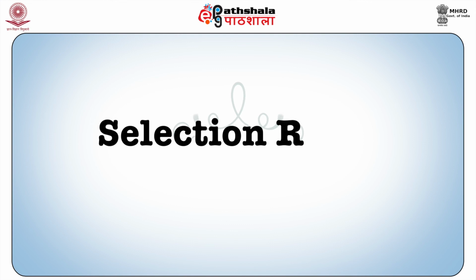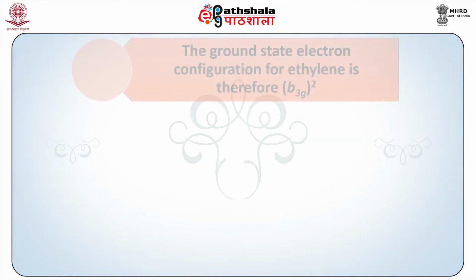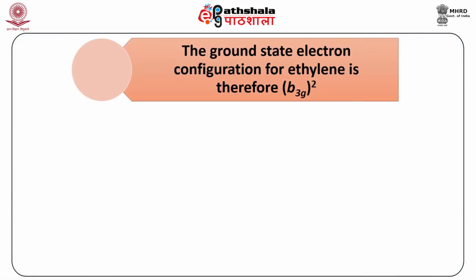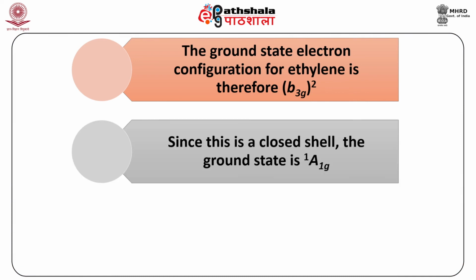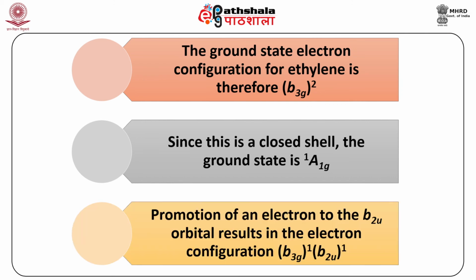Now we come to the selection rules. The ground state electron configuration for ethylene is therefore B3G twice, 2 electrons in this orbital. Since this is a closed shell, the ground state is 1AG. When you promote an electron to the B2U orbital, it results in the electron configuration B3G1, B2U1.